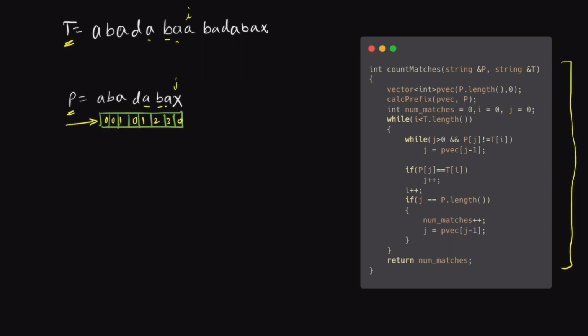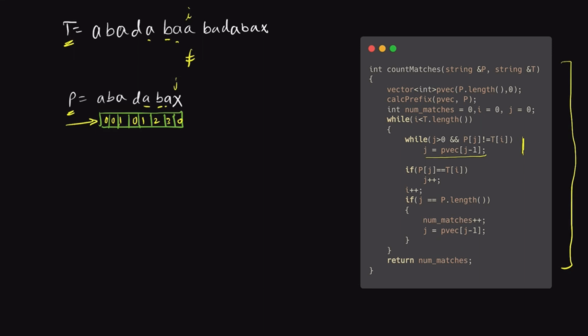Now you see that A isn't equal to X. Therefore, the pattern match breaks here. So how will you backtrack? Just look at the algorithm. If it does not match, that means you will do j equals pvec of j minus 1.